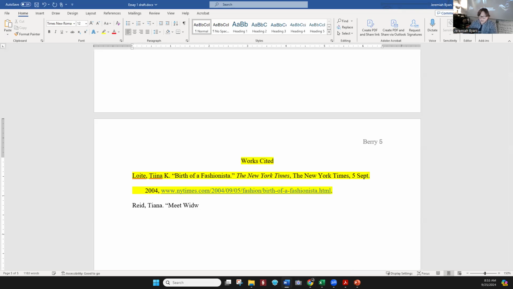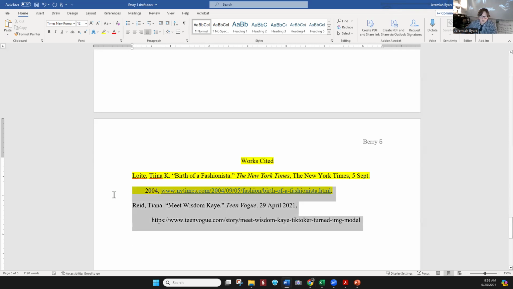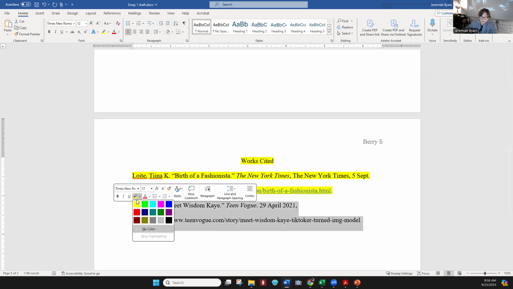Meet Wisdom K. I'm just gonna imagine that's the end of the article name, okay? Because for time's sake, I put then Teen Vogue, and the date it was published, 29 April 2021. Okay, comma, and then the URL. That, boom. This should be here. It's not here. That's an error.